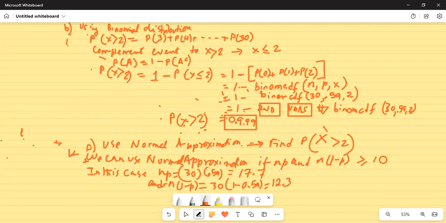So both of them are greater than or equal to 10. Okay, so the conditions are satisfied.